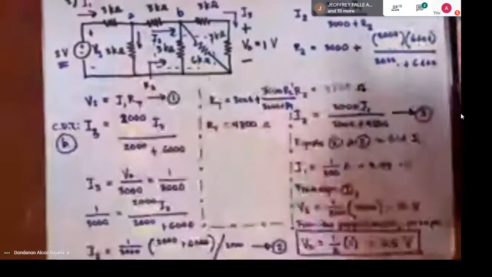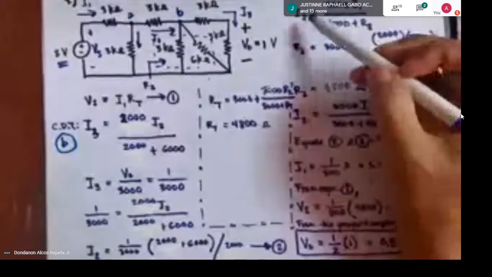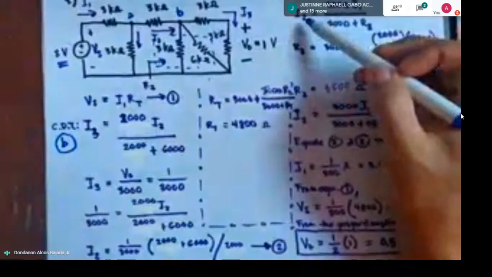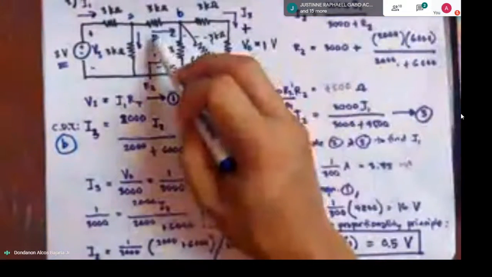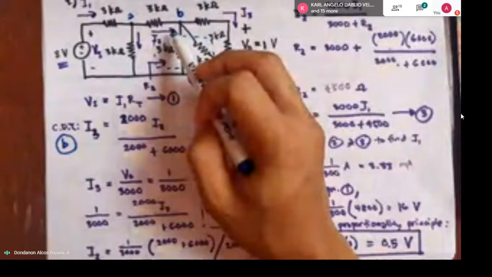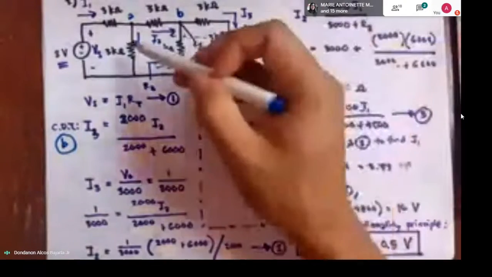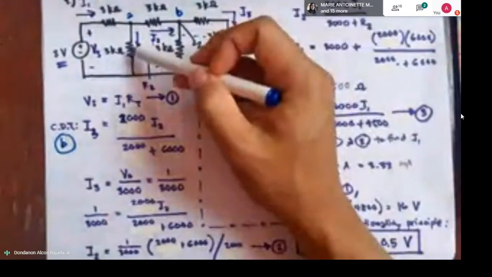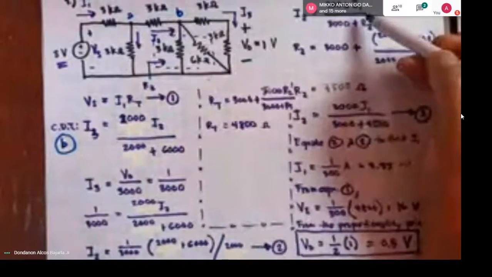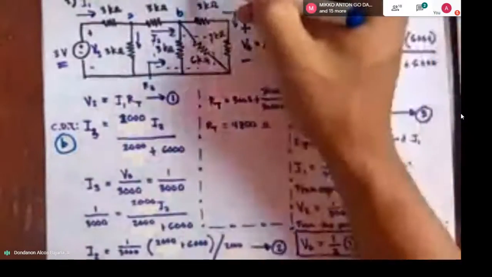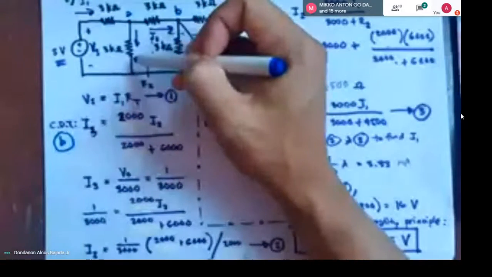At node A, using current division, I sub 2, which is this current from node A to B, is 3000, the resistance opposite to the branch. This whole thing is in parallel with this 3 kilo ohm resistor.